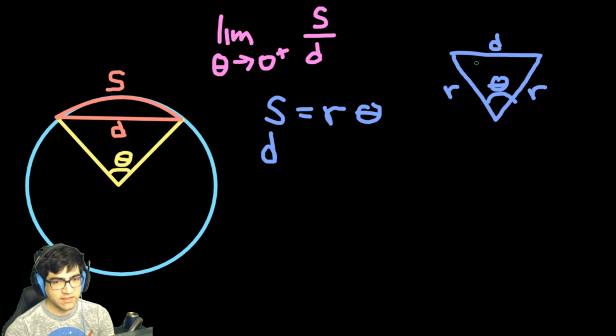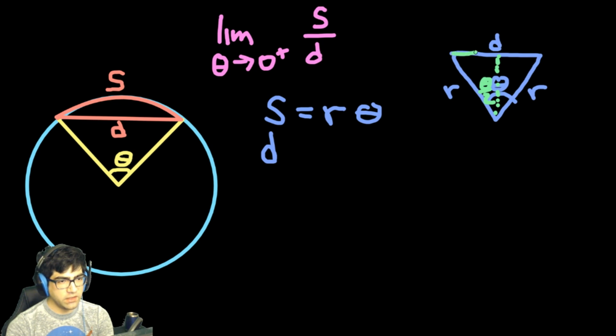And if you guessed law of cosines, yes, that would work, but it's going to take quite a bit more work. So instead of using the law of cosines, you're going to want to use the fact that if I were to bisect this triangle here, let me actually use a different color here. If I were to bisect the triangle here, I'm going to have an angle of theta over 2. And now we can use some trigonometry.